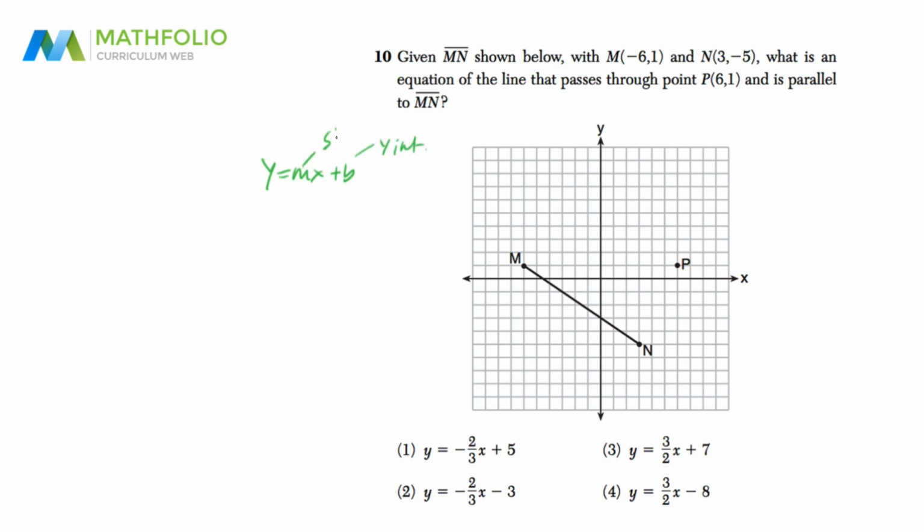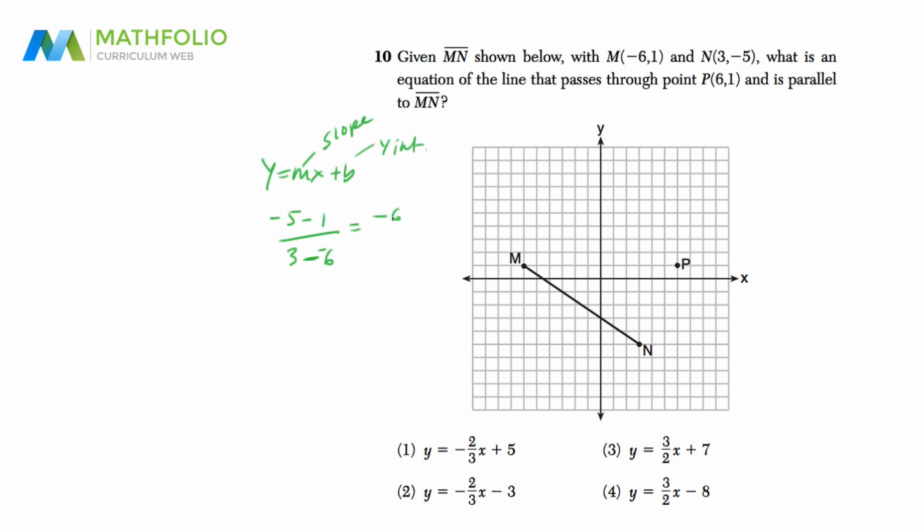This is your slope. Now for this line segment MN, we could find the slope. The slope is the change in y, so -5 minus 1, all over the change in x, so 3 minus -6.